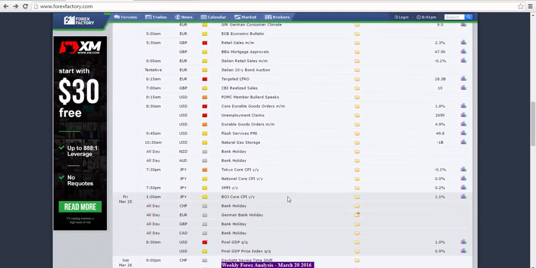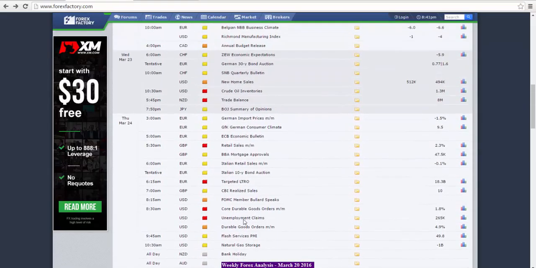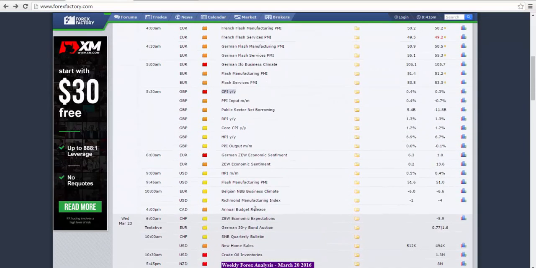And then going into Friday, we have bank holidays. We're getting into a long weekend, so we don't have much data, just the final GDP number for the US dollar. So this week shouldn't be as crazy as last week was. Last week we had multiple central bank statements which drove the market.